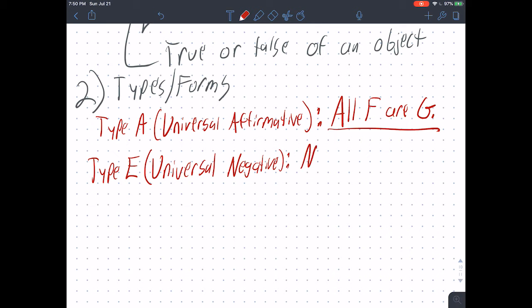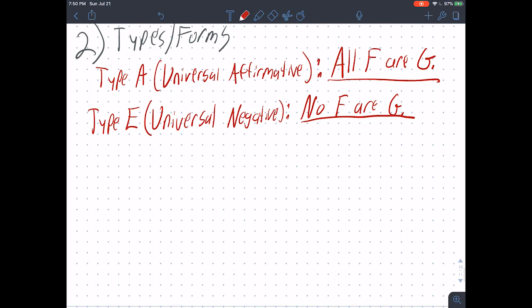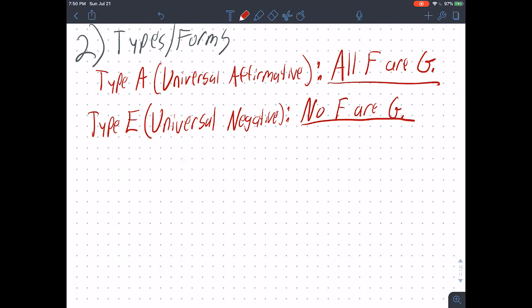No F are G. Right. So the third type of term logic sentence that you will run into is a type I sentence, known as the particular affirmative.